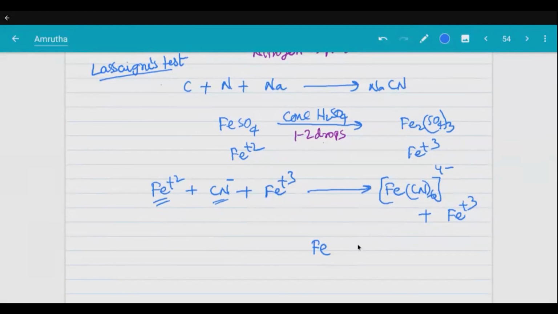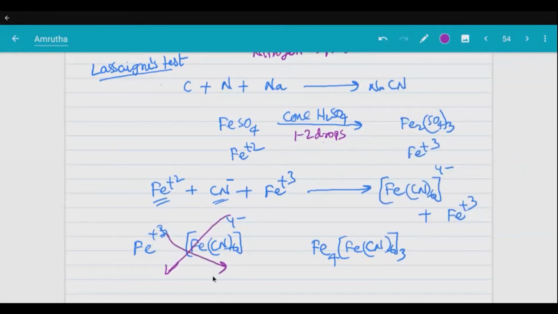So Fe plus 3 and Fe(CN)6 4 minus. When they combine, 4 comes here, 3 comes here: Fe4[Fe(CN)6]3, that is called Prussian blue, intense blue color.